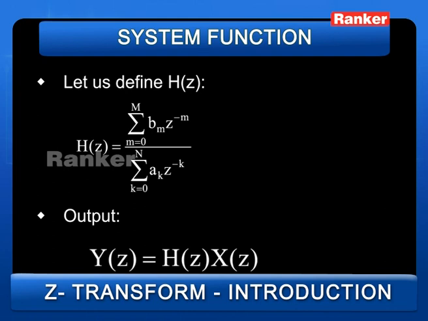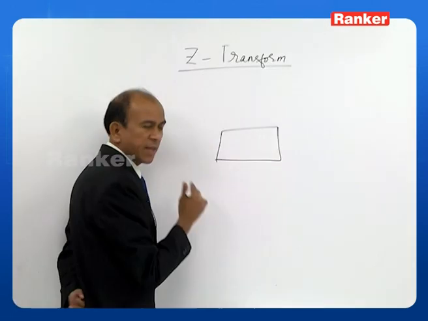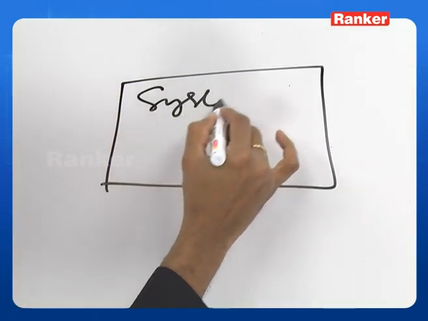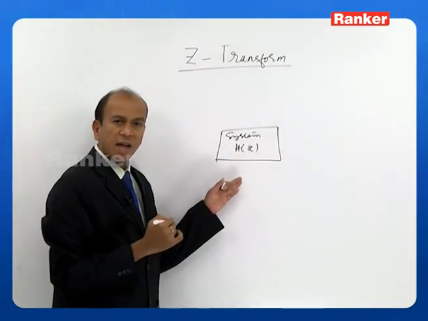Let us see this on the board. Let us take a system here. Let us say this system has a system function H(z).